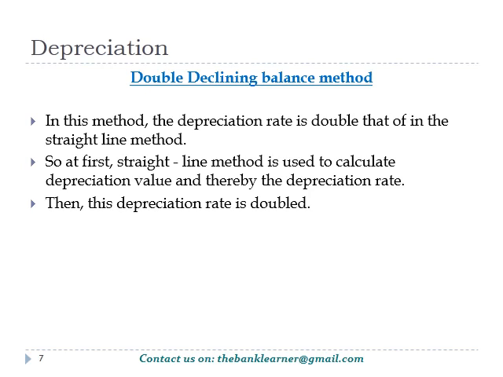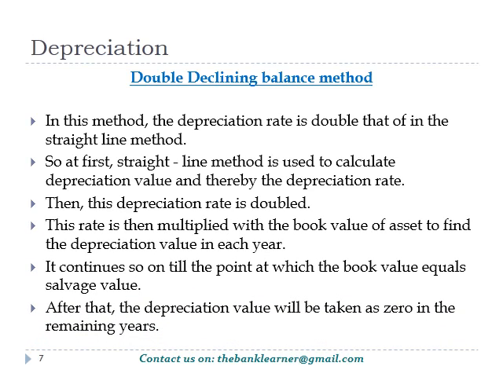This rate is then doubled. As is indicated in the previous method, this depreciation rate is multiplied with the book value to get the depreciation per year. When the book value equals scrap value, since no more depreciation is possible, it will be taken as 0 for the remaining period. It will be more clear when we look at an example.